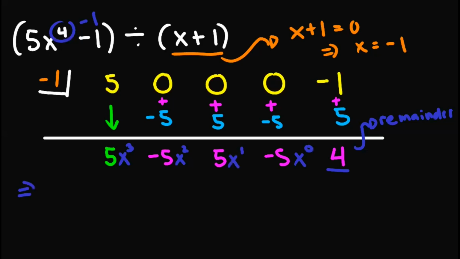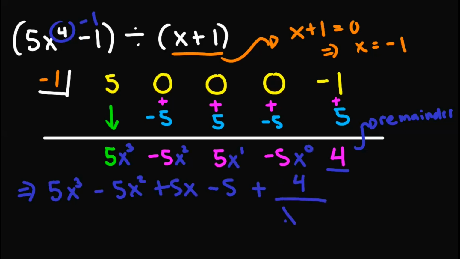So our final answer is given by 5x cubed minus 5x squared plus 5x minus 5 with a remainder of 4, or we can write it as plus 4 all over x plus 1.